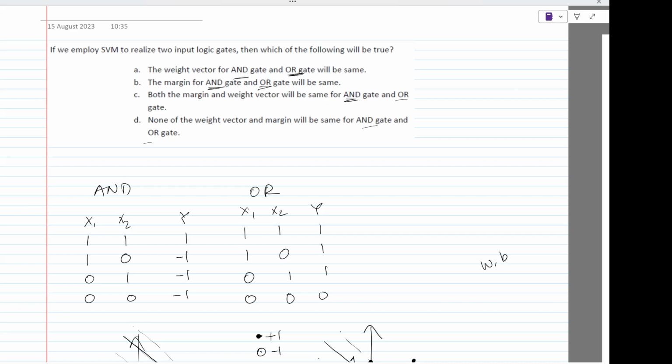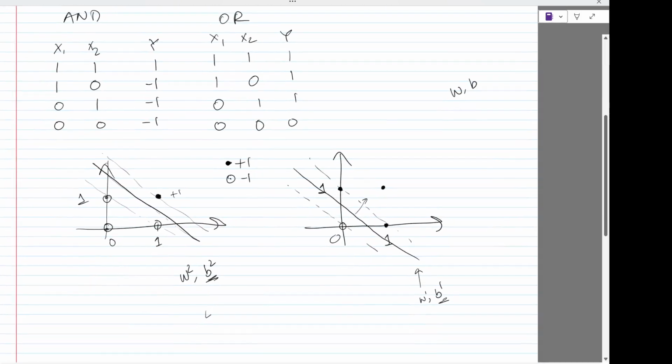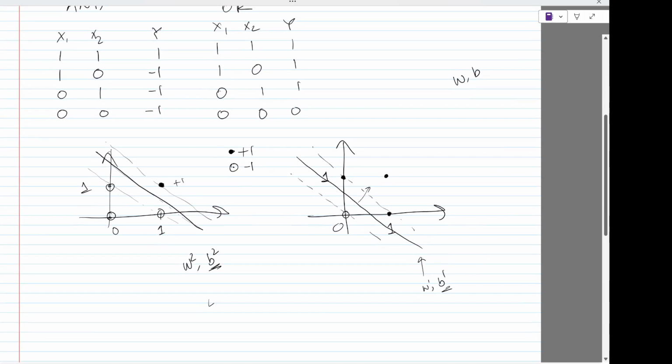The margin for AND gate and OR gate will be same. The margin is this distance, and this will be same, right? It is just these 2 points and this, and here also you have these 2 points and this.